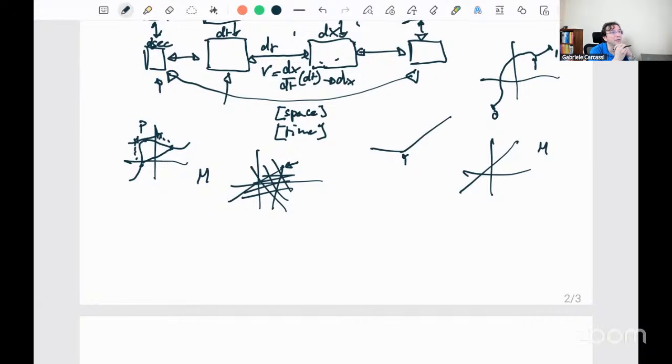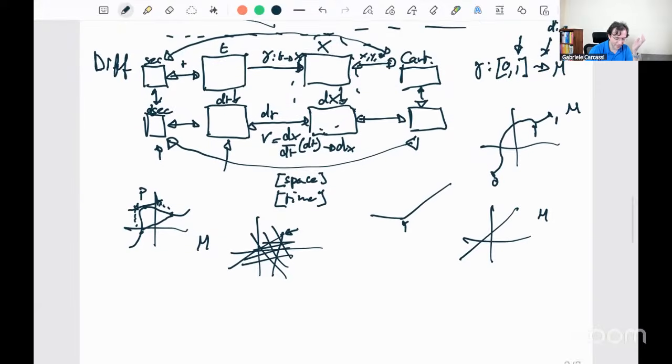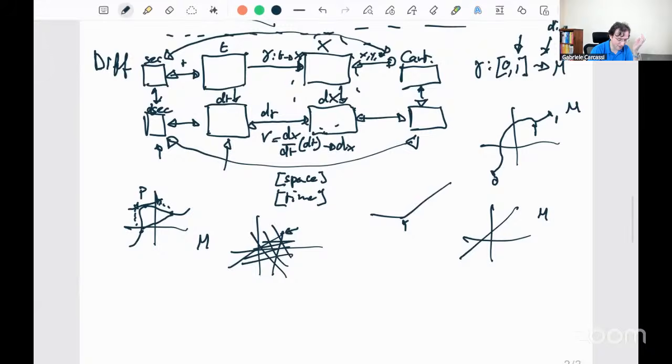So even if you're doing classical mechanics, whenever you are doing Lagrangian mechanics, you already have a differential calculus, a calculus of variations. And the way that I would like to set this up is that these differentials are basically variations.